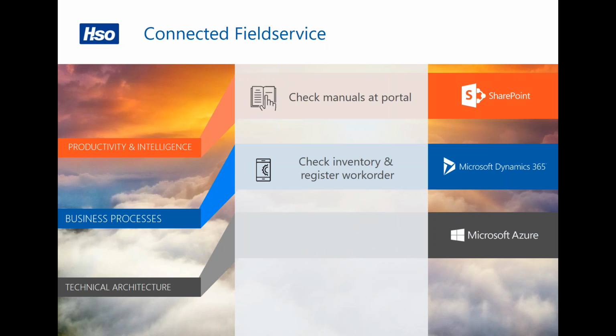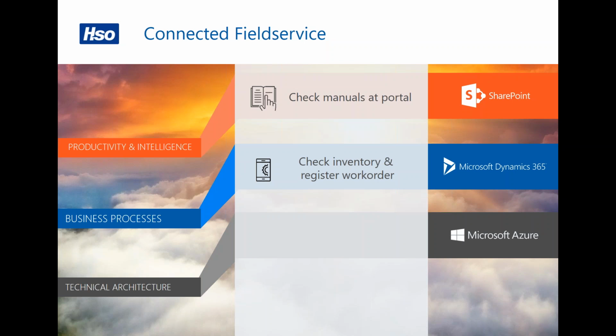Then he will go in his car maybe, or in another way drive to the customer site, and he will check manuals at the portal or work instructions. This is information which is stored on SharePoint, but is fully integrated with this specific customer in the app which the field service engineer has available on his mobile device.